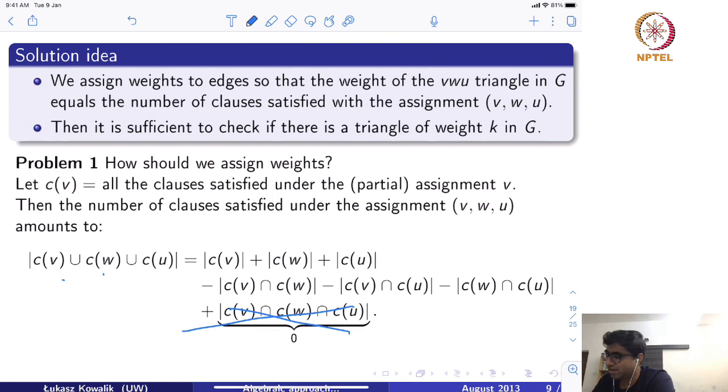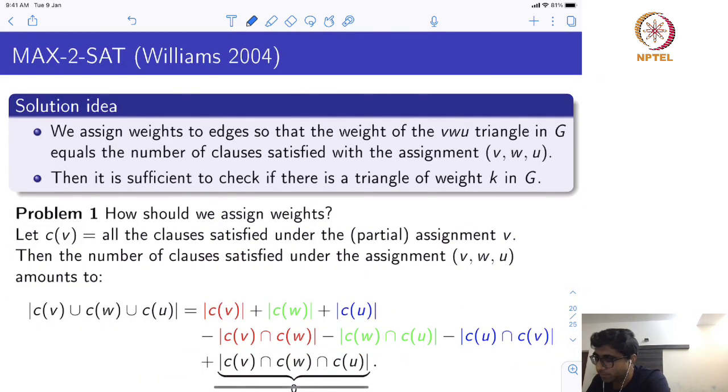Then this is easy, right? Then there is a very easy assignment. So you ask, there are 3 edges. So for edge VW, you fix VW, and you assign C_V minus C_V intersection C_W.